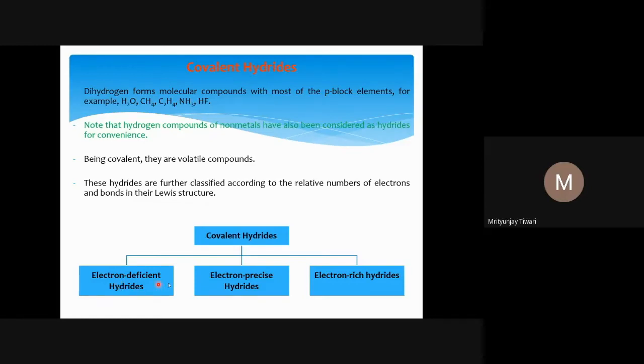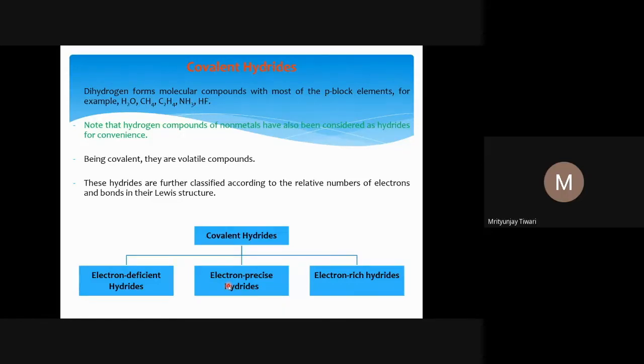And electron precise hydrides. Electron precise hydride means there is no extra electron on the central atom, no lone pair, and also no incomplete octet. The octet of the central atom is complete.